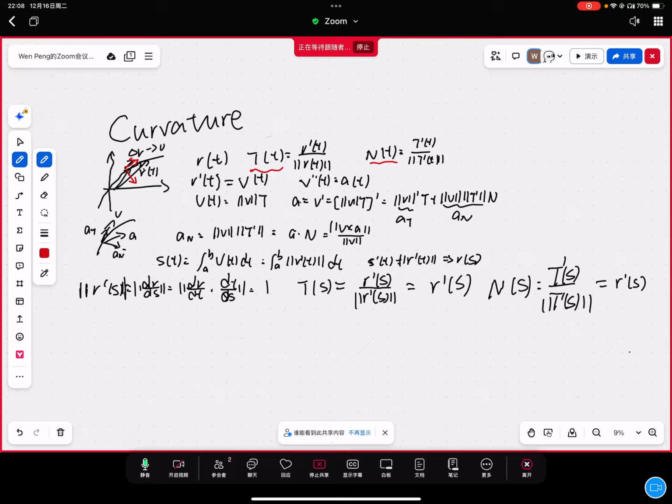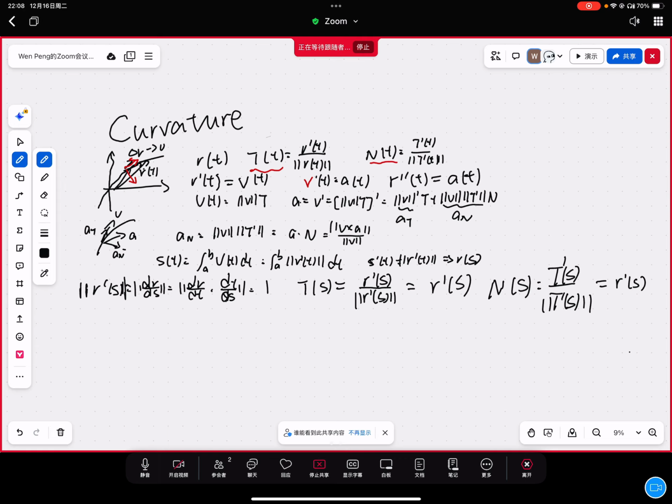And also, we have r prime of t equals v of t. v prime of t is a of t, which is the acceleration. And therefore, we can write r prime prime of t equals a of t.